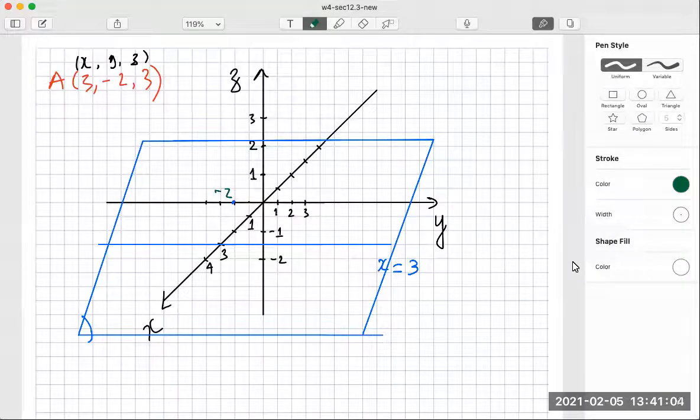At the plane y is equal to -2, it cuts the y-axis at y is equal to -2. Then that line, okay, imagine there's a plane that cuts, and I don't draw it because it may mess up the things here.